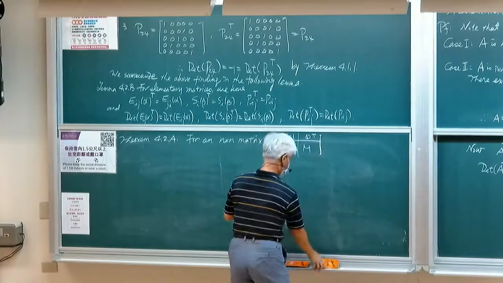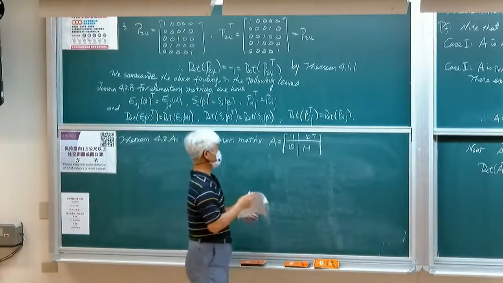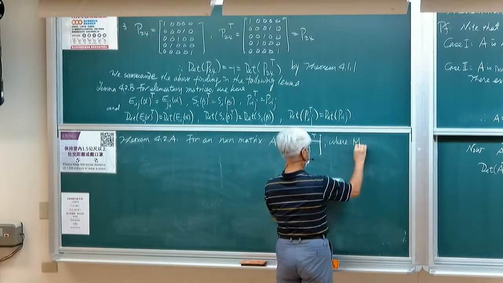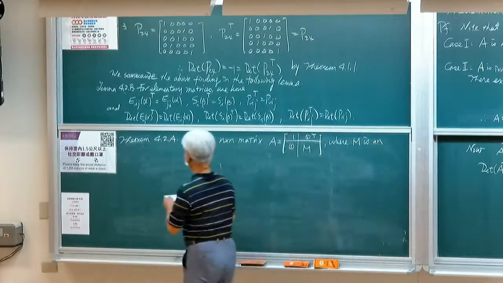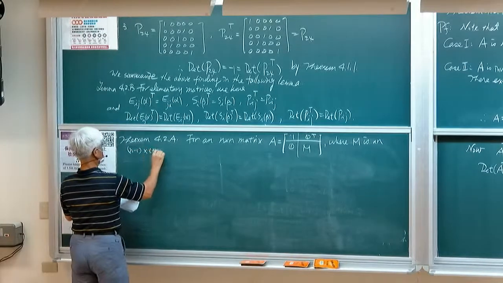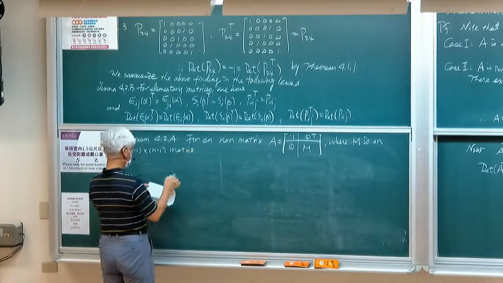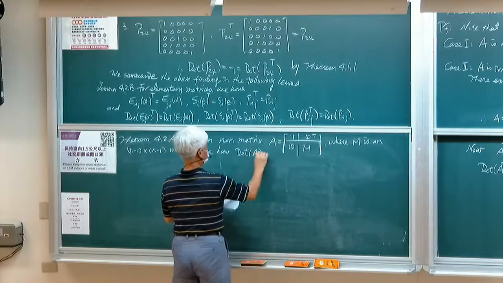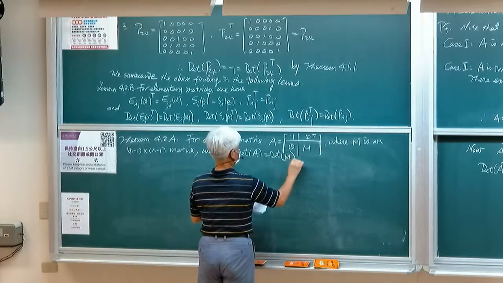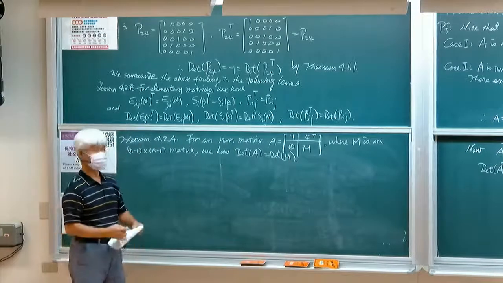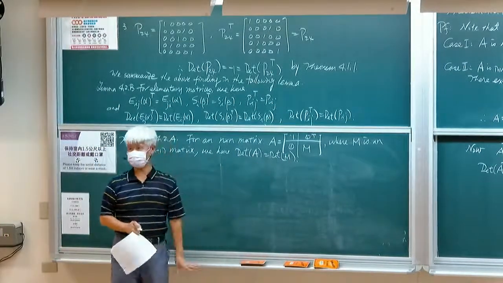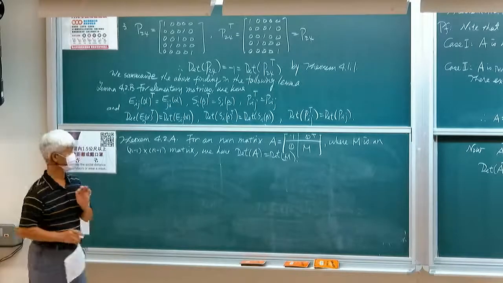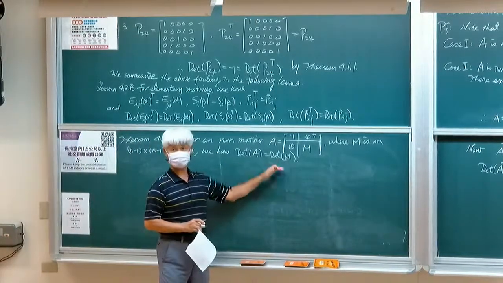If we have a matrix A constructed from an n minus 1 times n minus 1 matrix M, we have determinant A is equal to the determinant of M. Again, these two determinant functions are different, even though we use the same notation for our convenience. They are different.